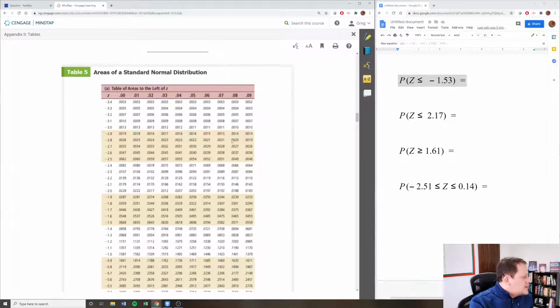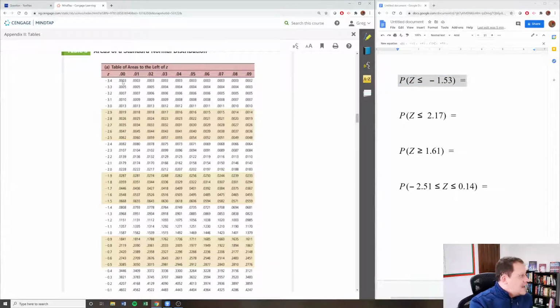So this actually is all of the negative z-scores all the way down to negative 3.49. And you shouldn't have to go too much further than that. We'll talk about that in just a sec. But we want negative 1.53, which is the negative 1.5 is going to be right here. That tells you what row you're in. And the 3 in the hundredths place, that tells us what column we're in.